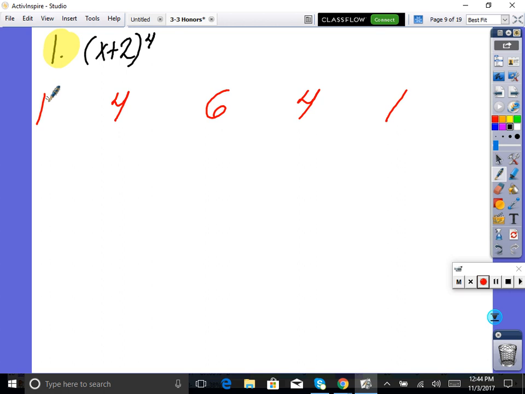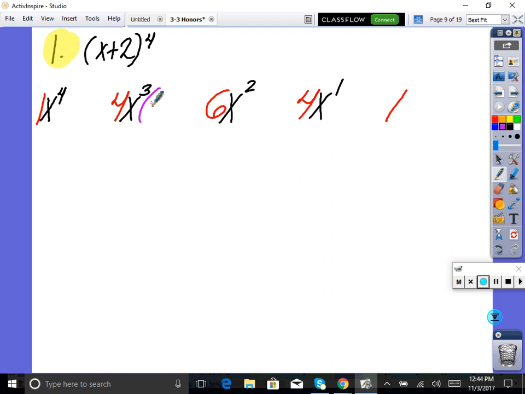Okay, here we go. x to the 4th, x to the 3rd, x squared, x to the 1st, and then x to the 0. I'm not going to write x to the 0. Is anyone mad? Okay, let's now take our positive 2 and do 2 to the 0. I'm not going to write it, because isn't that 1?